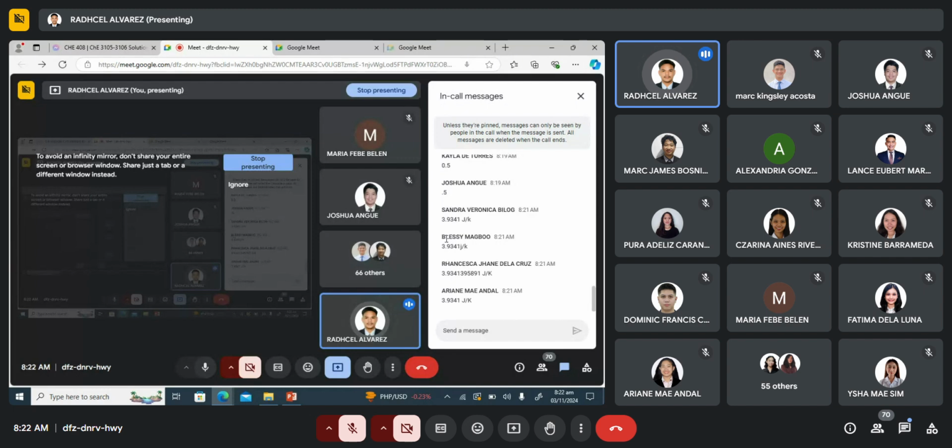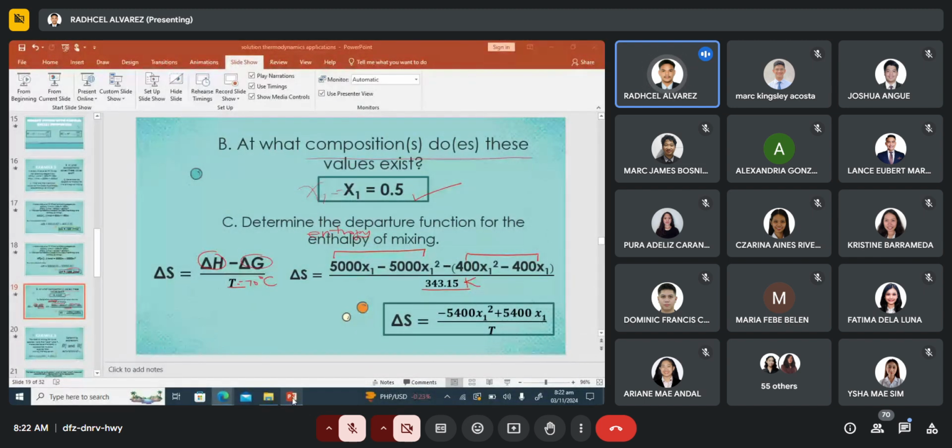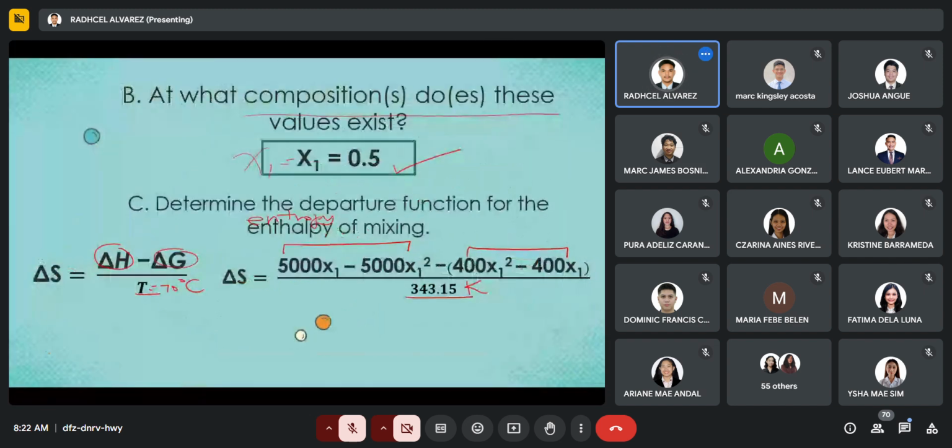Ito mga value siguro na 3.93, I think ito yung maximum value niya. Pero the question is looking for the departure function. Kapag sinabi nating departure function, ang ibibigay niyong sagot sa akin ay function. Ibig sabihin, naka-equation.